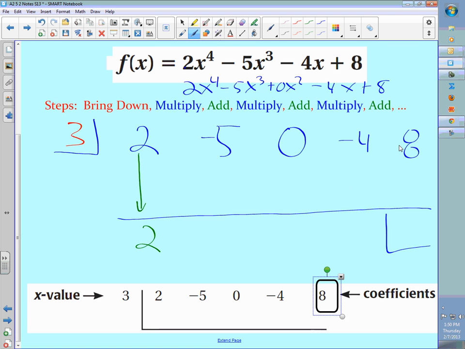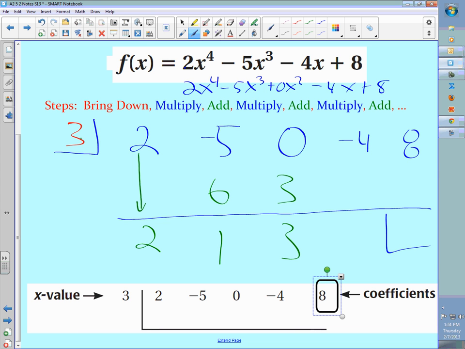So once you get this set up, bring the first number down, multiply the number here in the L box, this 3, times this 2, and write that product right here. 3 times 2, 6. What does it say to do? Add down. 1. And then multiply again. 3 times 1 is 3, write it in the next spot, add down, 3.